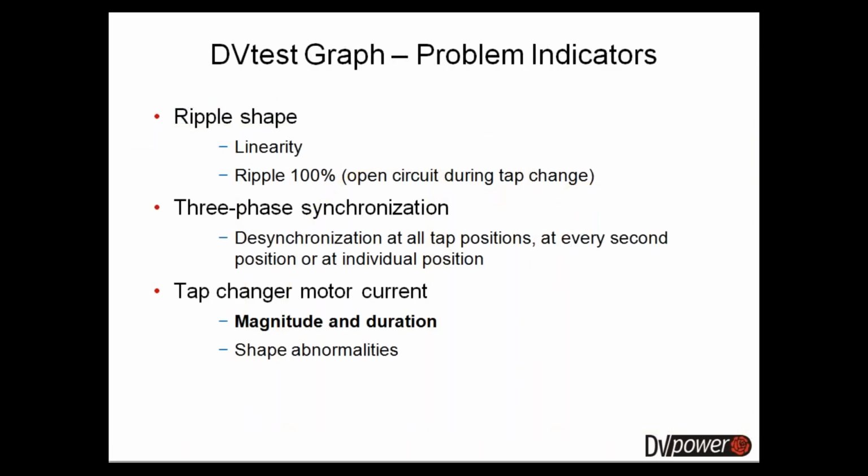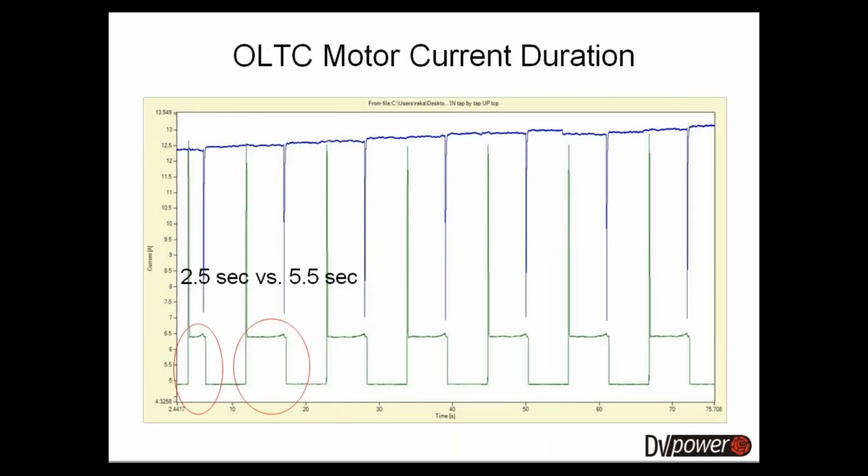Now, by looking at the second graph that you saw at the beginning of the presentation, the graph of tap changer motor current, you can also perform analysis and see various problems with the tap changer mechanism and tap changer motor. So, when you look at the graph itself, you can look at the duration and the magnitude of the motor current.